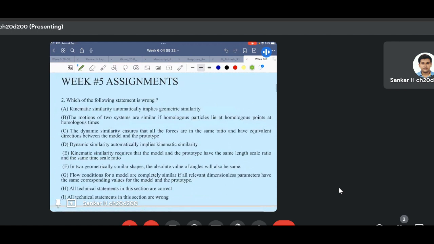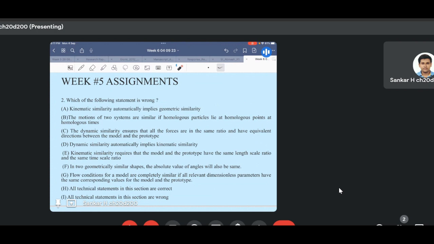Let's go to question number 2. Which of the following statements is wrong? Option A, kinematic similarity automatically implies geometric similarity. Option B, the motions of two systems are similar if homologous particles lie at homologous points at homologous times.